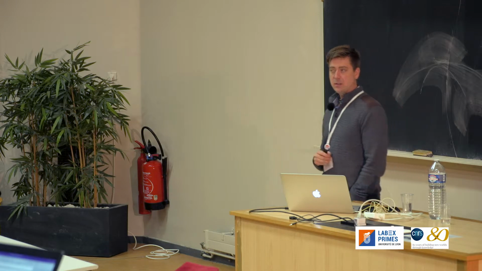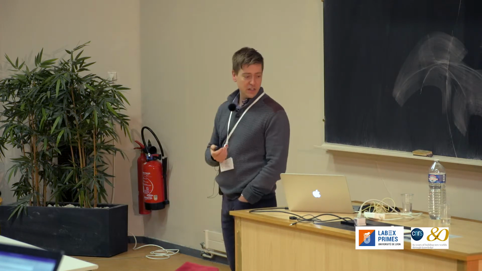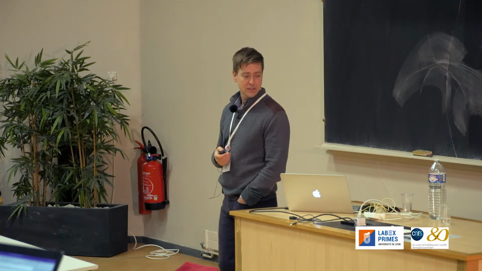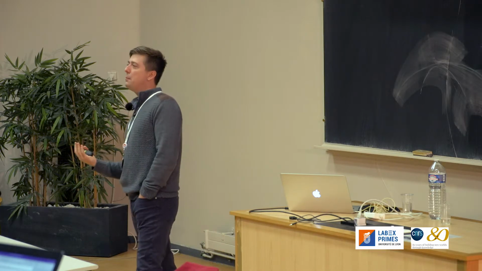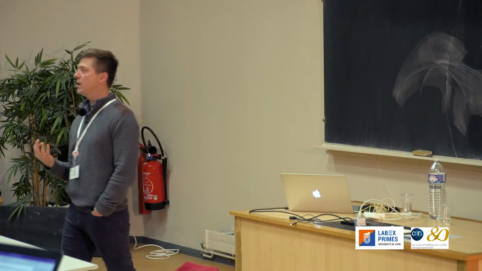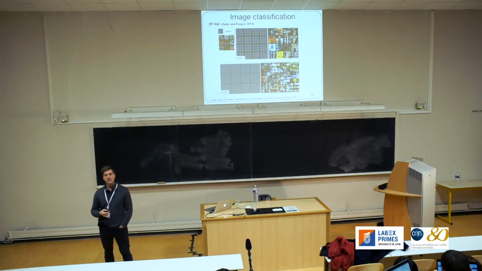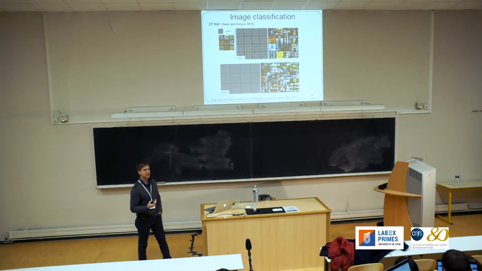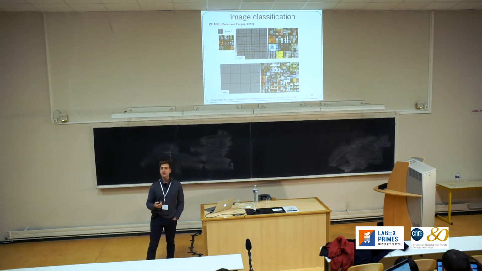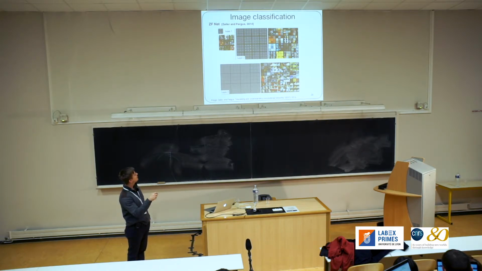The next year's winner was ZFNet. It was sort of a minor improvement over AlexNet, so I'm not going to go over the architecture so much. But what was very interesting about this work is that they proposed what is called a deconvnet, deconvolution net, that enabled them to see what is actually learned by the different convolution filters across the network.